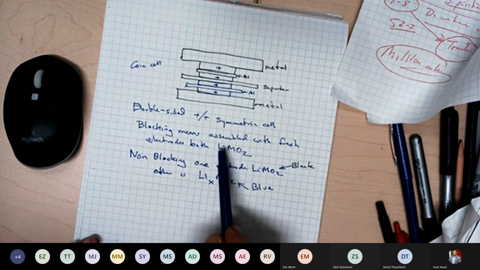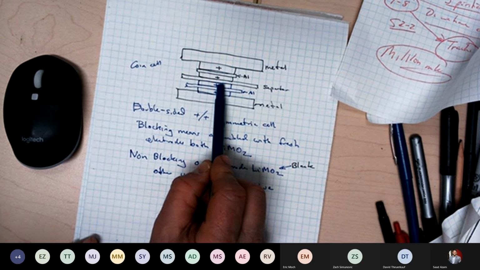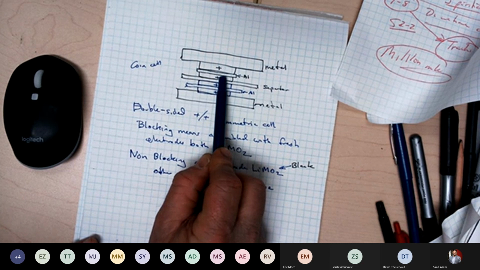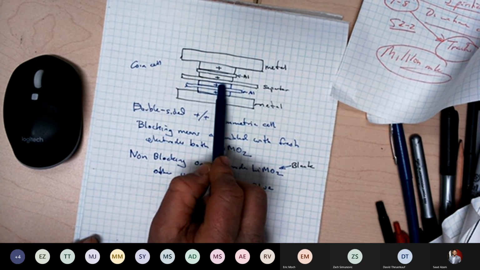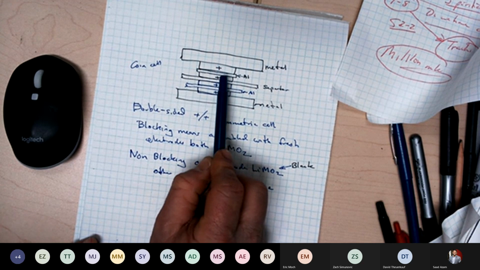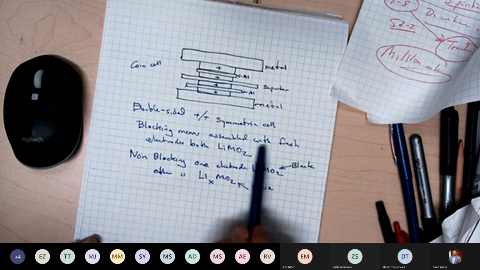You can't do it because if you try to remove lithium from one, which is full, that's okay. But put it into the other, which is full, you can't. It doesn't fit. So the transport of lithium from one electrode to the other is blocked. Can't happen.